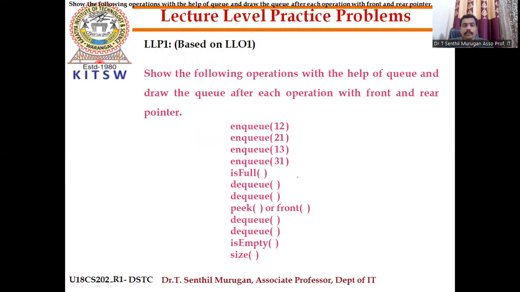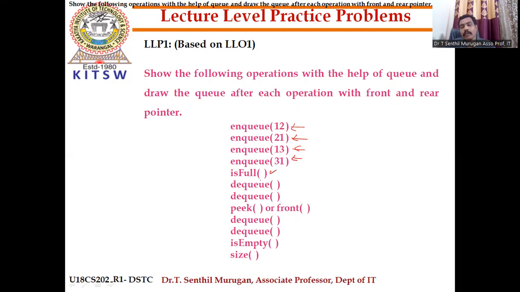So after discussion of those topics, you have to do this lecture level practice problem. Perform the following operations with the help of a queue and draw the queue after each operation with the front and rear pointers. So what do we have to do first? Initially you can calculate what operations are there. Initially, insert operation: 1, 2, 3, 4, elements we insert. After that, check whether it is full or not.